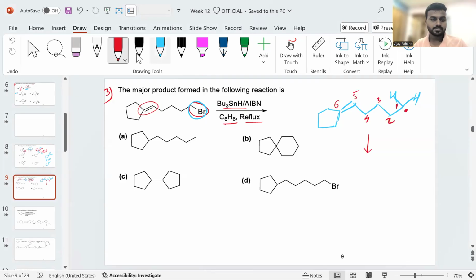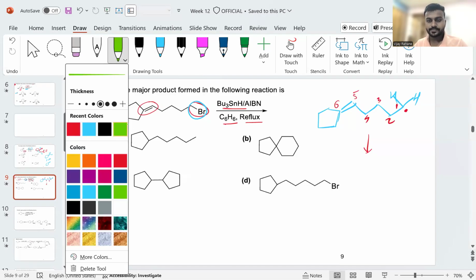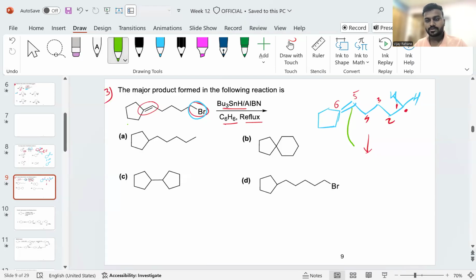I'll draw in a different color. So this double bond attacks on this position, so it gives one 5-member ring, which was there earlier as it is, and a newly formed 5-member ring in this fashion.